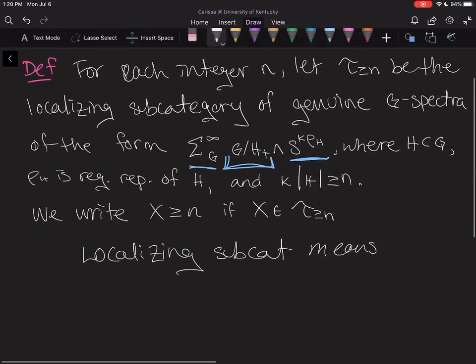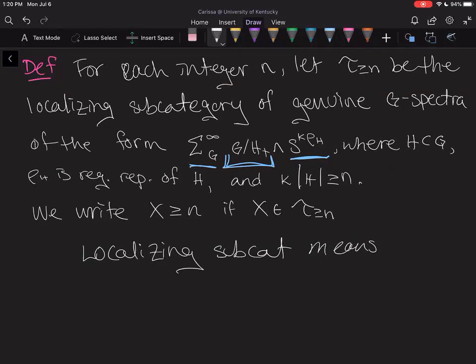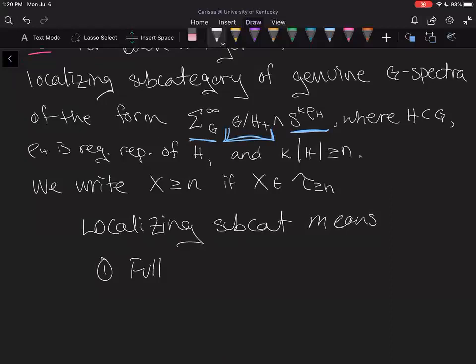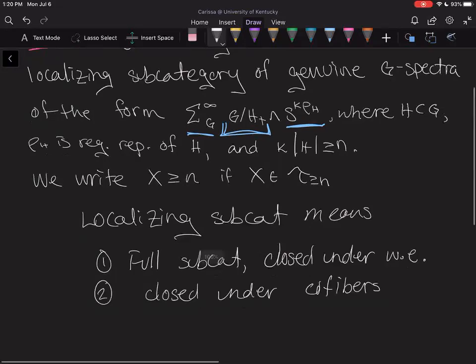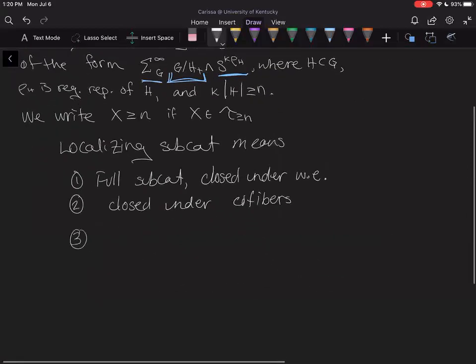All right. So we have this localizing subcategory, and for us that means a lot of things. First of all, it means that we have a full subcategory which is closed under weak equivalences. It is closed under cofibers. It's closed under extensions.